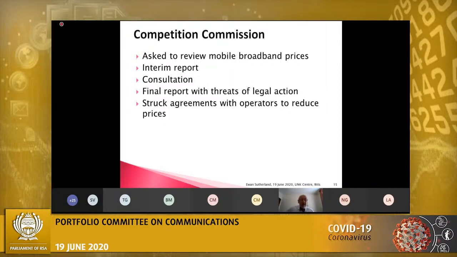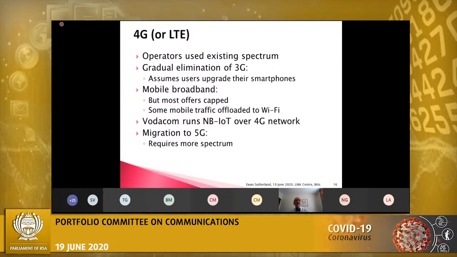Indeed, I think one criticism I would make is it's still not clear to me that we have a definition of what affordability means. But what we have from the Competition Commission report is something which tells us not about spectrum policy, but about the other policies around it, about how you implemented it. For reasons which other people might wish to offer, I'm not sure I need to go into that.